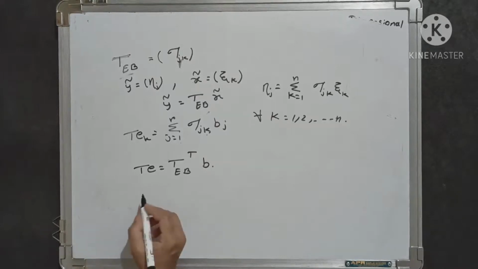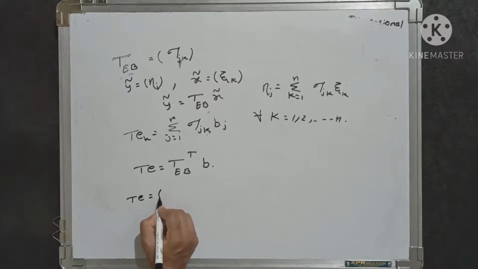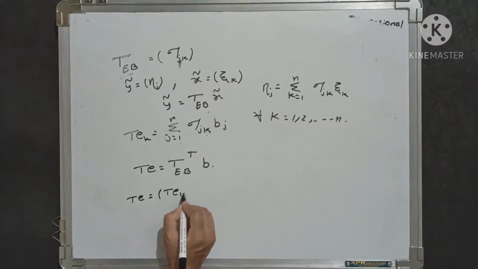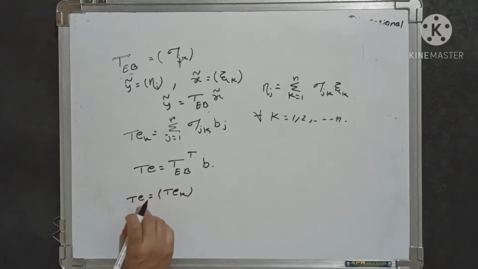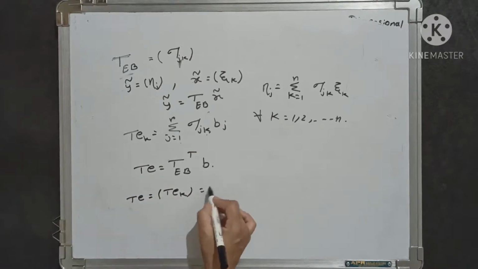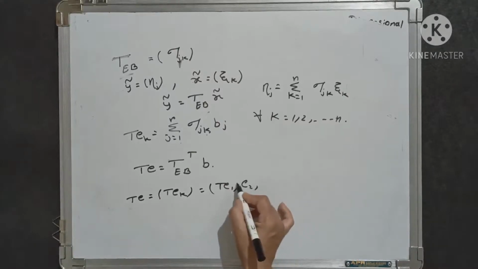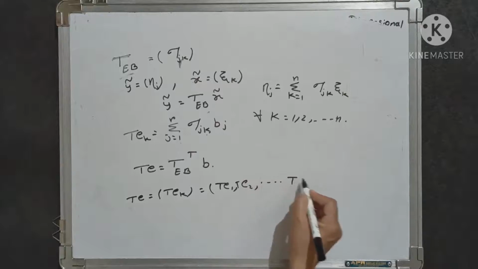Here T_E is the column vector with components T e_k. That means we have the components T e_1, T e_2, up to T e_n.